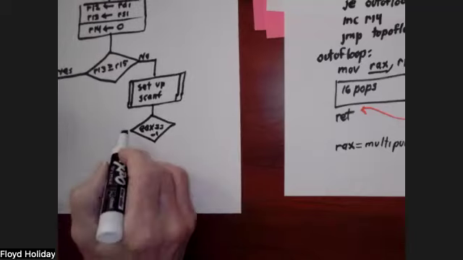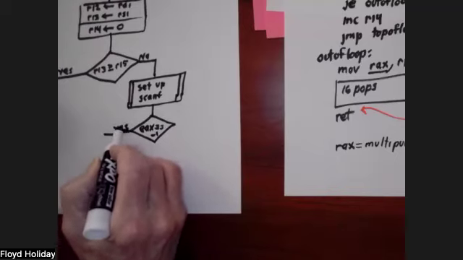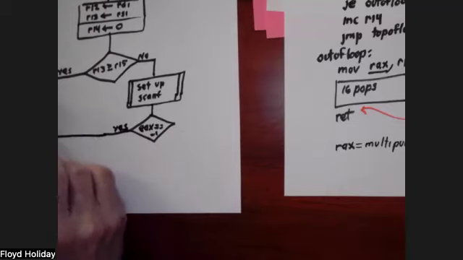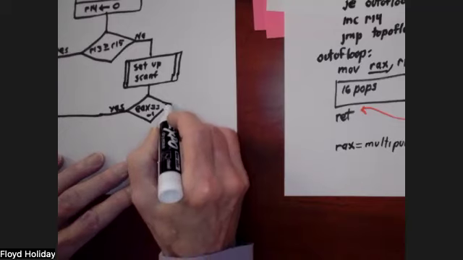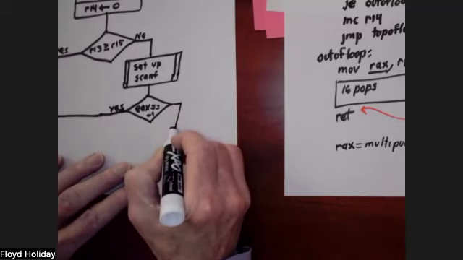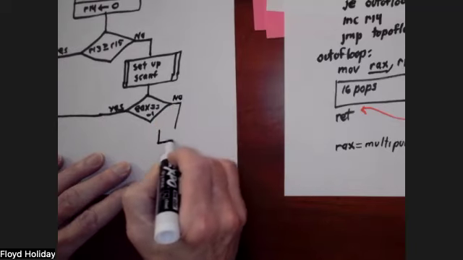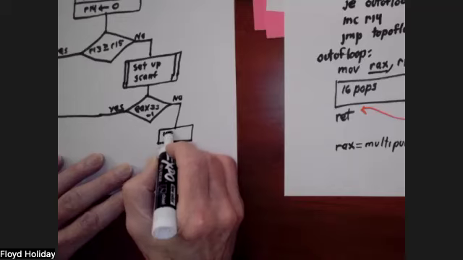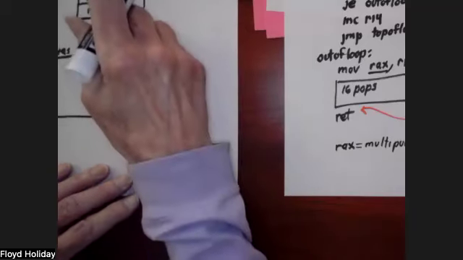If the answer is yes, this line goes over here and meets that one. If the answer is no, then increment R, what was our number? 14.